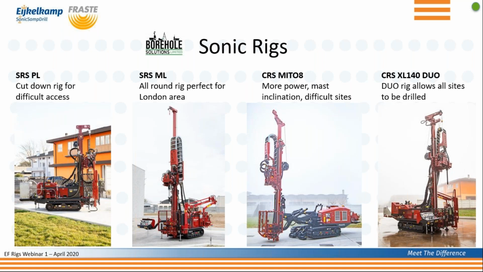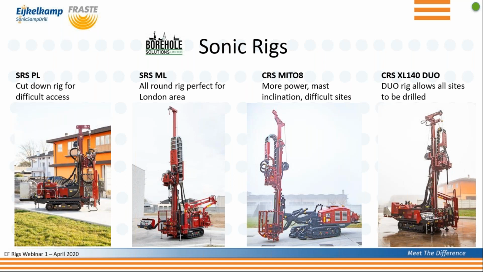Yeah, okay. So the next one is the SRS ML, where it all started, about a 7-ton machine with all the bells and whistles for safety. We'll talk about the projects in London later on, but what kind of work do you target this one for? The ML, we use near enough everything.